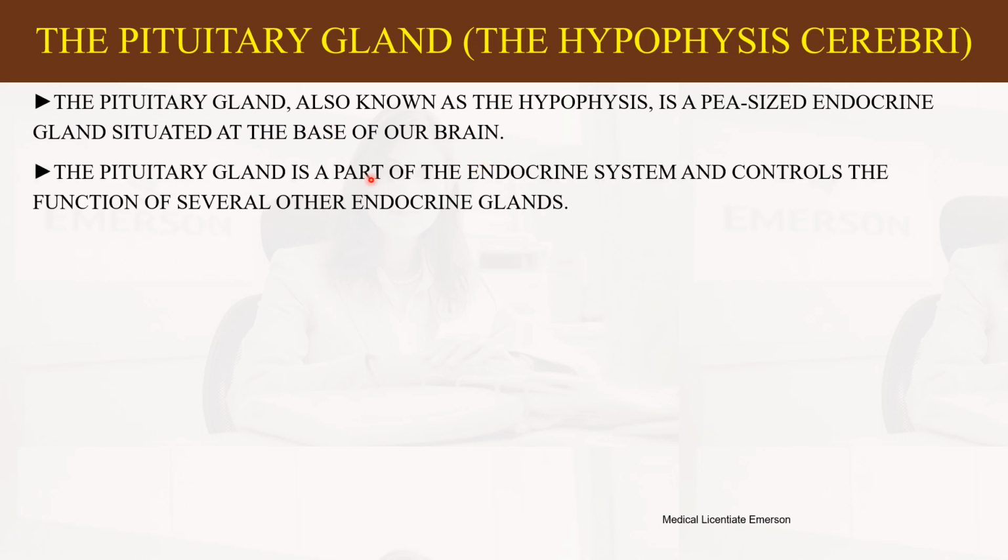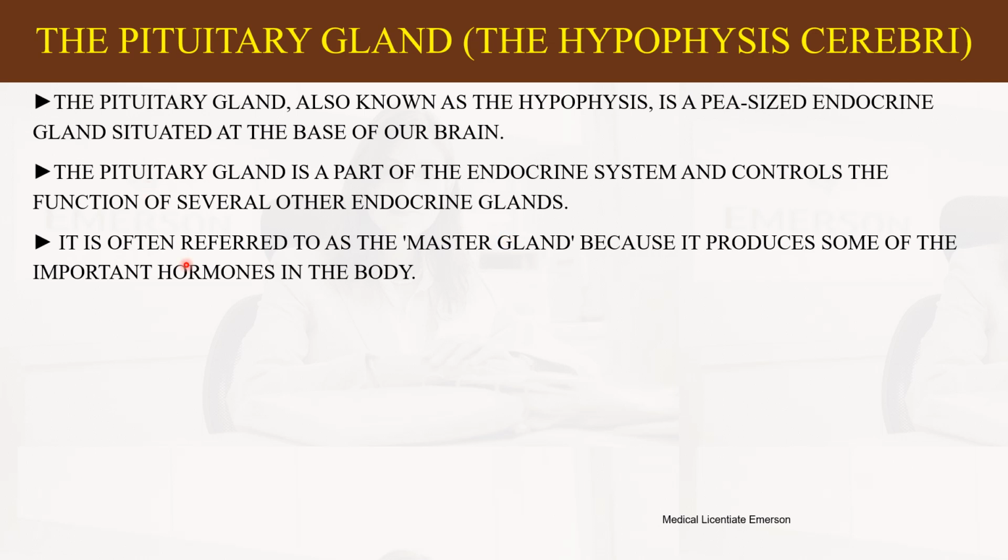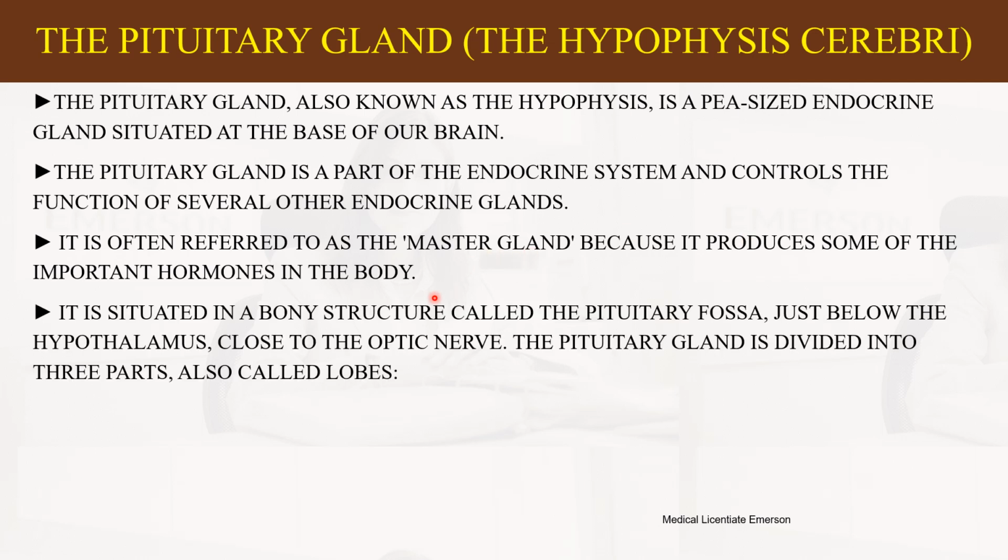The pituitary gland is part of the endocrine system and controls the function of several other endocrine glands. It is often referred to as the master gland because it produces some of the important hormones in the body. It is situated in a bony structure called the pituitary fossa, just below the hypothalamus, close to the optic nerve.